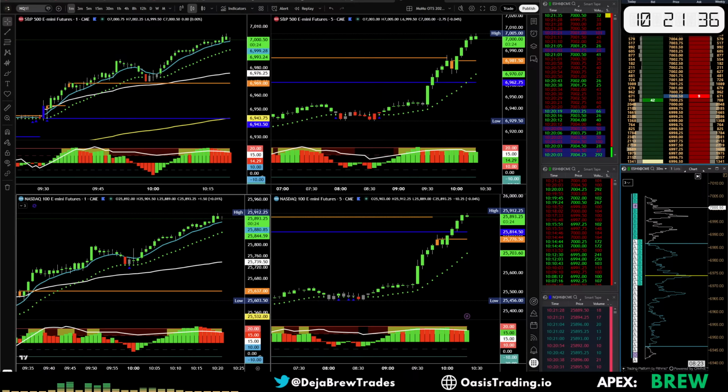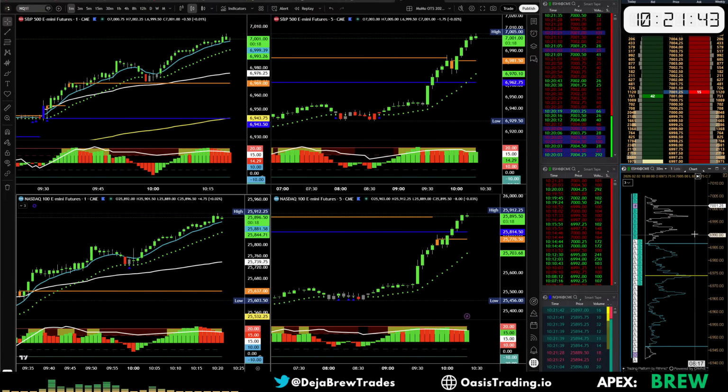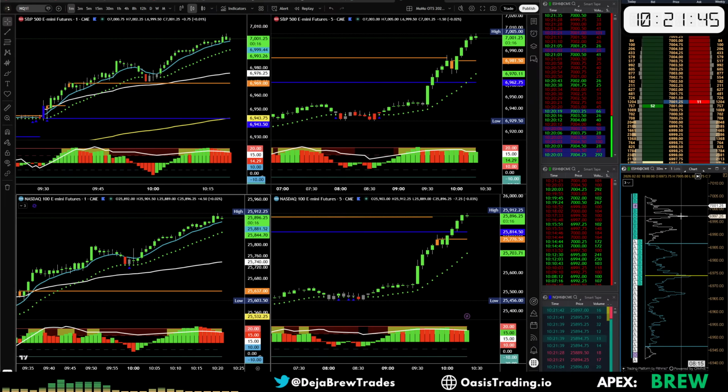Once again, getting a little bit extended on momentum. It's kind of topped out. Possibly pulling back and rotating that node. That node is very close to the POC.